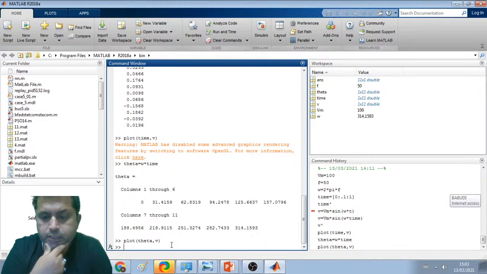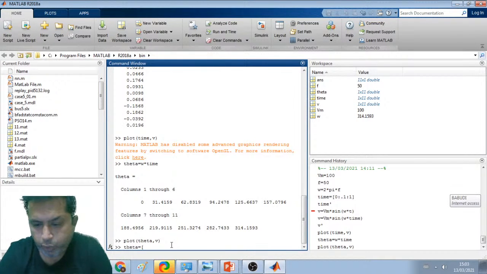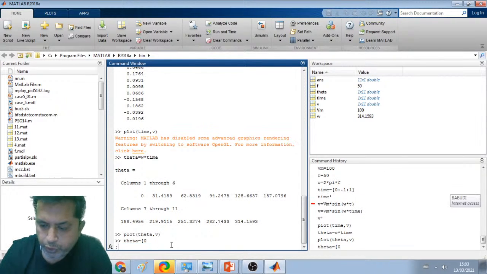So I will plot in terms of theta. Theta I will take the values, first is 0, next is pi by 4, 0 colon pi by 4.